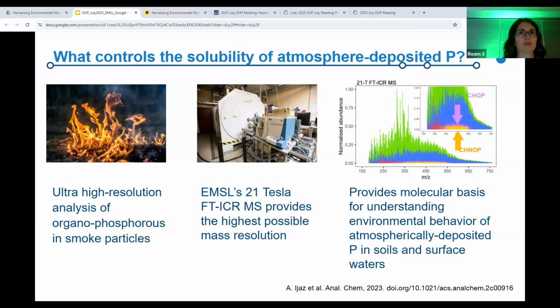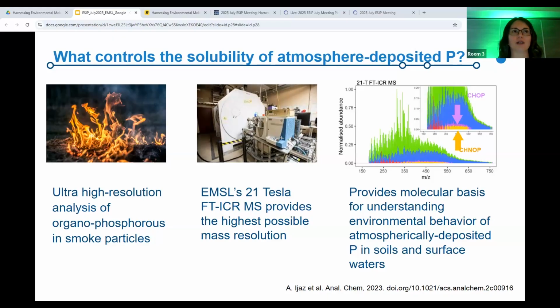So no one had been able to actually determine its chemical form in detail. But using this FTICR MS, which has that really high resolution, we were able to characterize the speciation of phosphorus in the wood smoke.